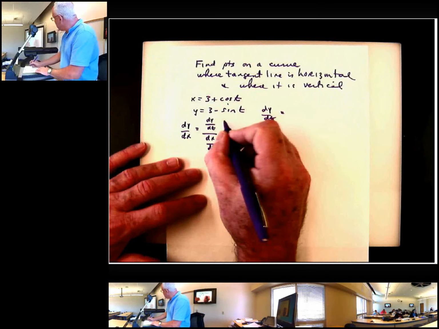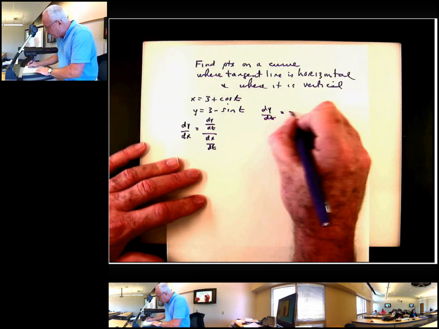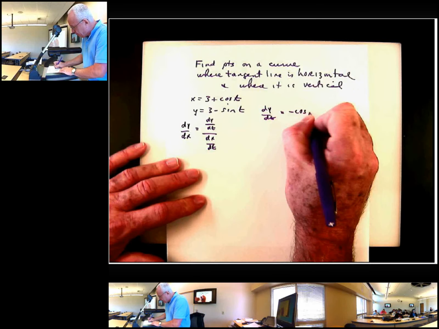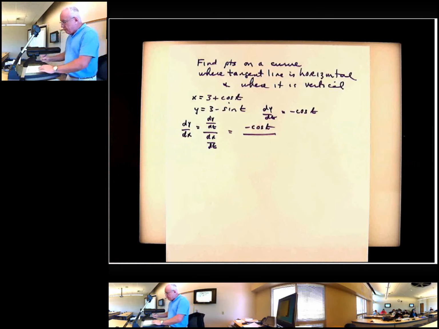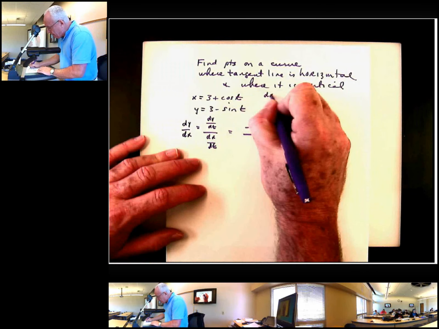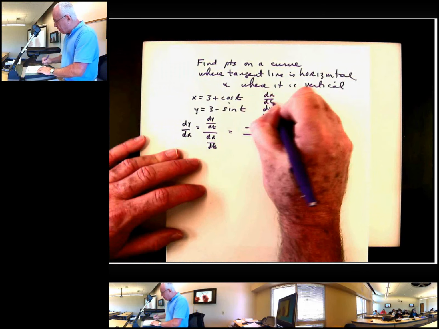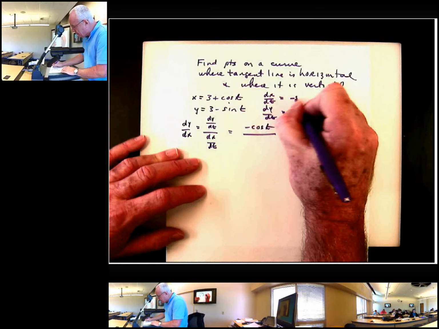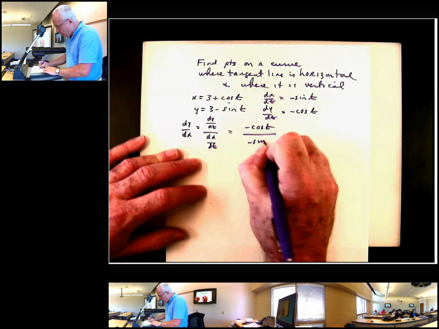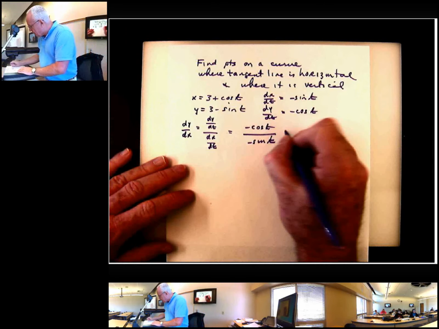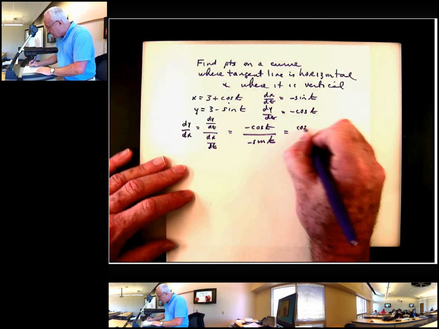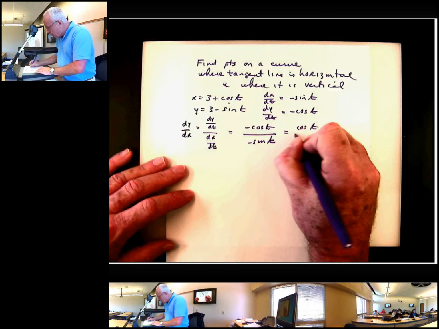The derivative of the minus sine, so that's the minus cosine of t. So the top is minus cosine of t. The bottom, dx/dt, is the derivative of the cosine, which is the negative sine. All right, so here's our derivative. Certainly I can cancel out minus signs, and it's cosine of t over the sine of t.